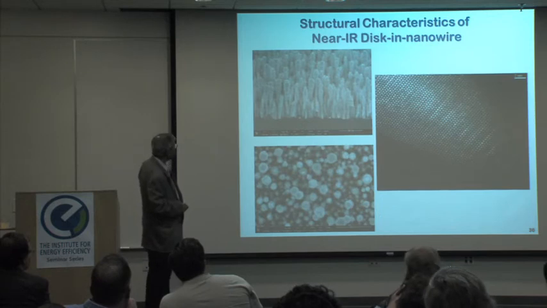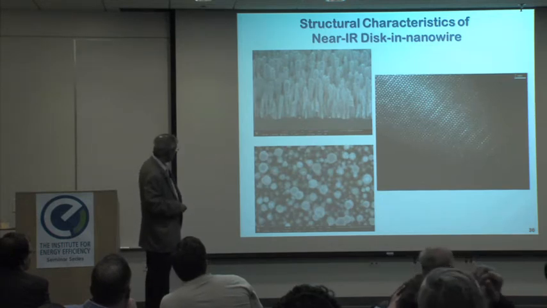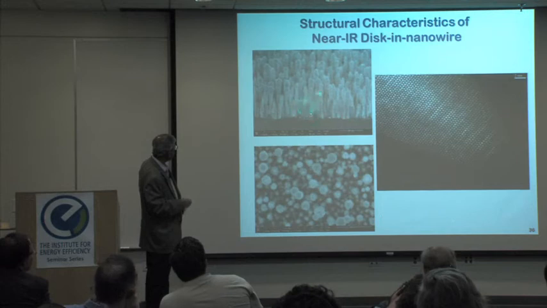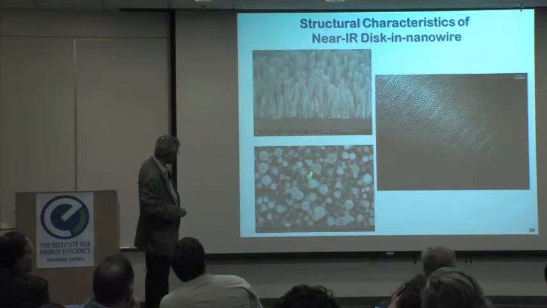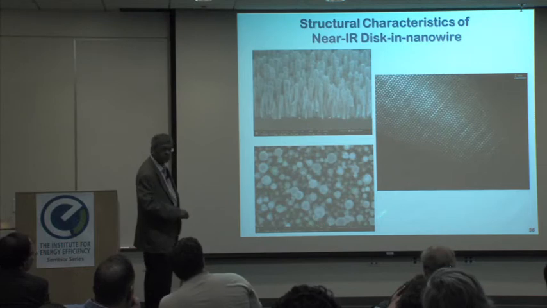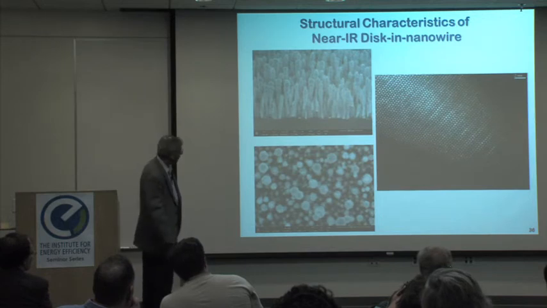There are 2 kinds of nanowires. One is a very pointed, short kind of thing hidden between the larger ones, and these are the larger ones, the full complete structures with multiple indium nitride discs, and you can see this beautiful hexagonal shape. And here is a lattice image of the nanowire showing the good crystalline quality.